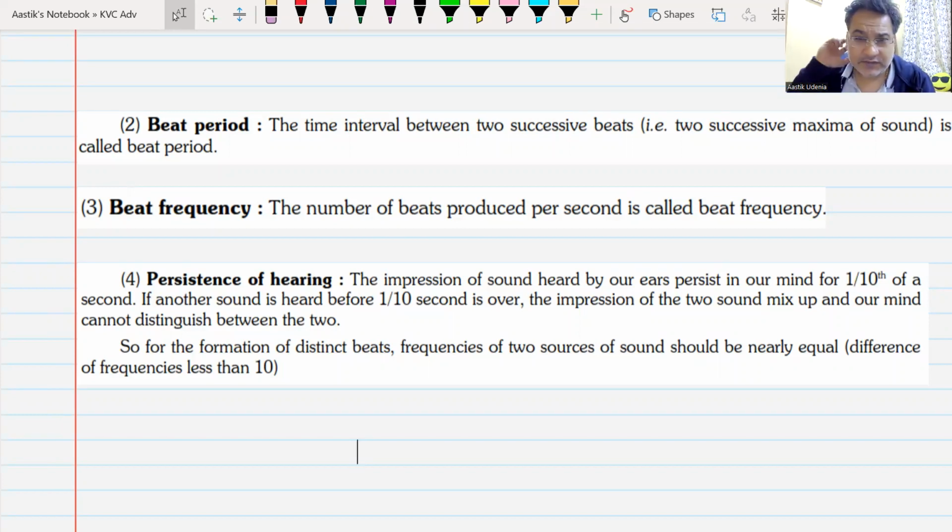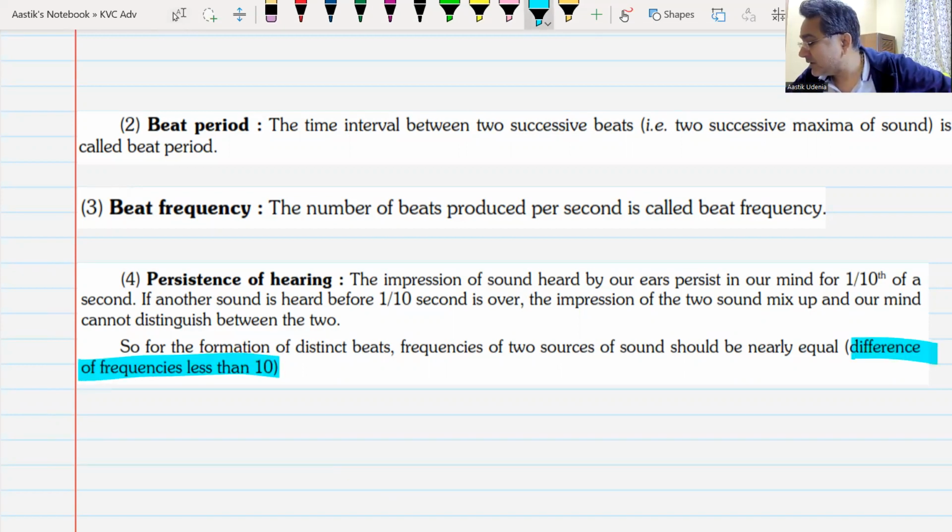If you hear one sound and then another in less than 1/10 second, your brain will not be able to identify them and the sounds will mix up. So for beats to be heard and understood, with the intensities different, the beat frequency, the difference in frequency, should be less than 10.